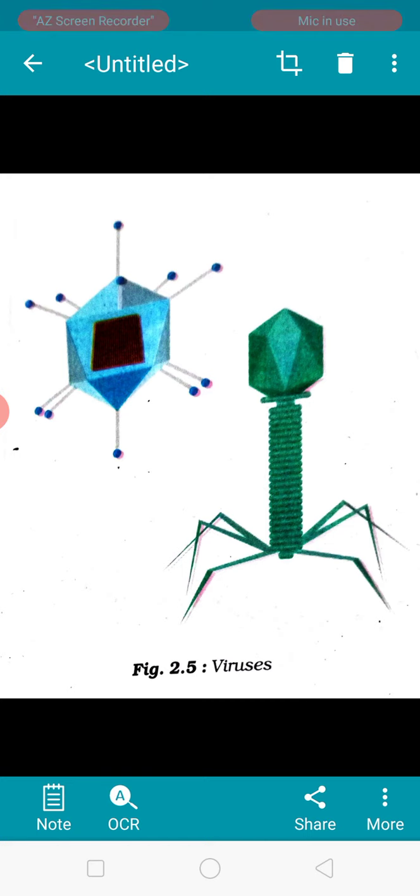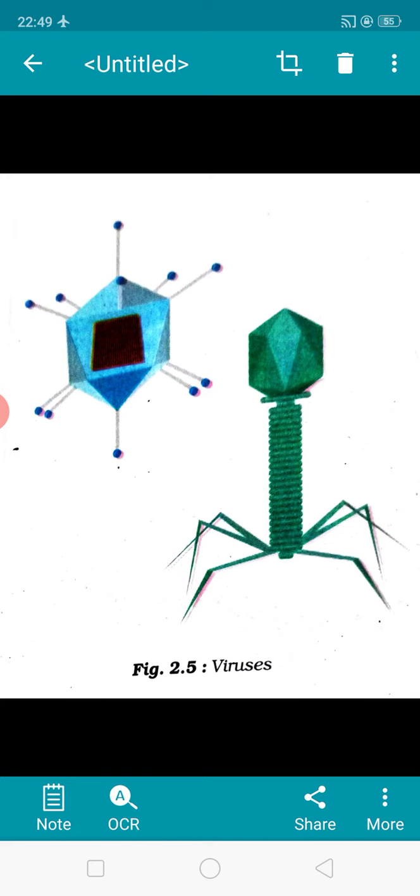Viruses reproduce only inside the cells of the host organism, and that host organism can be a plant or an animal or a bacterium.